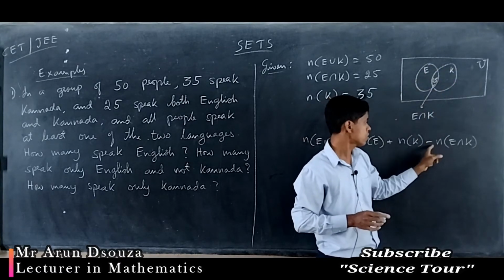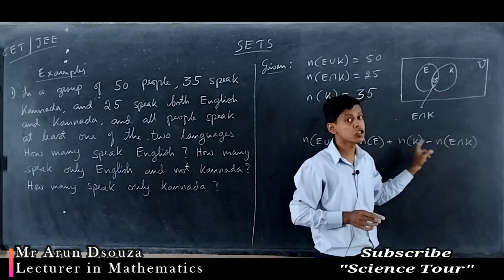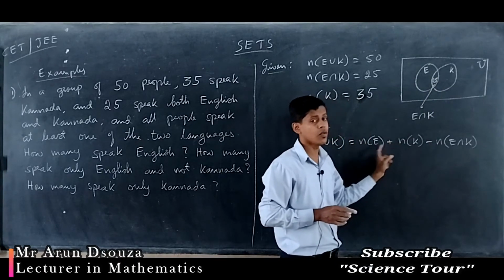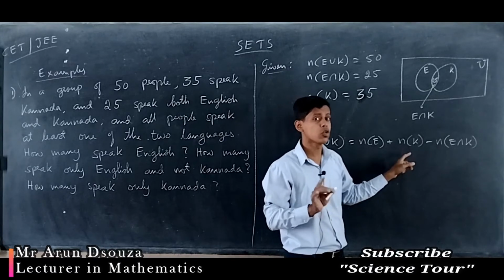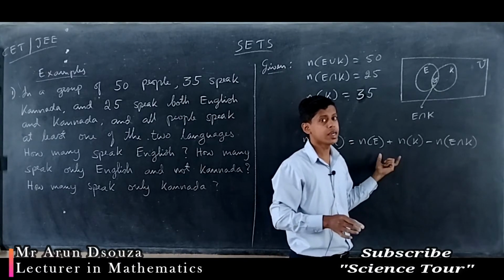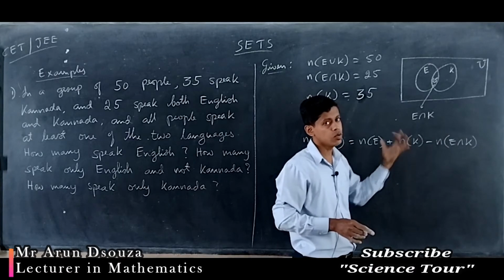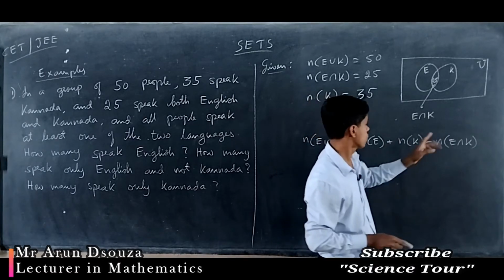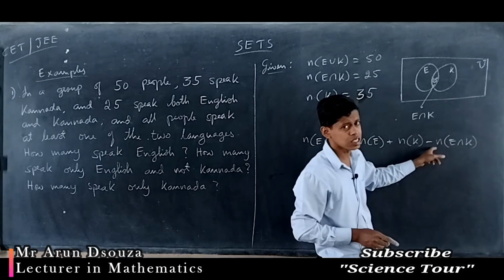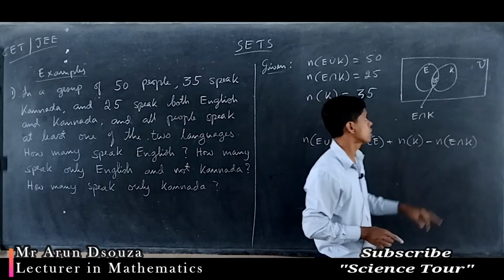So that means you have to subtract it once, because you have added twice. You must add only once. So if you have added twice, you will subtract once, hence it is added once. So that's the reason you have this minus N of E intersection K.